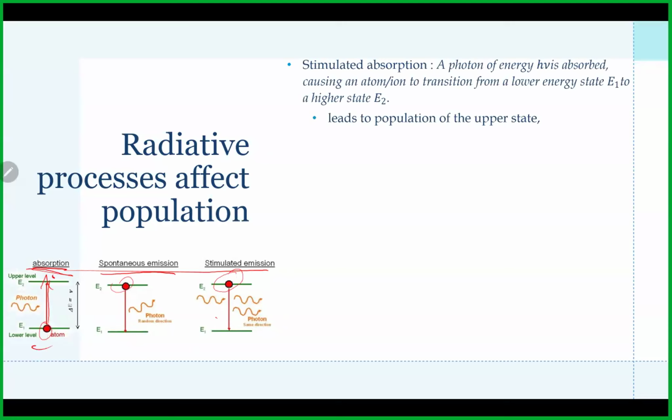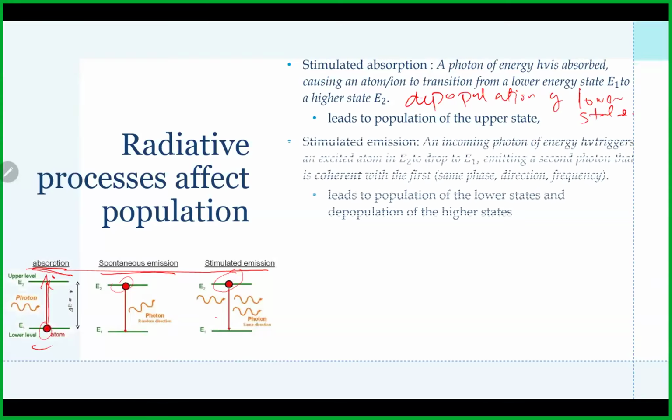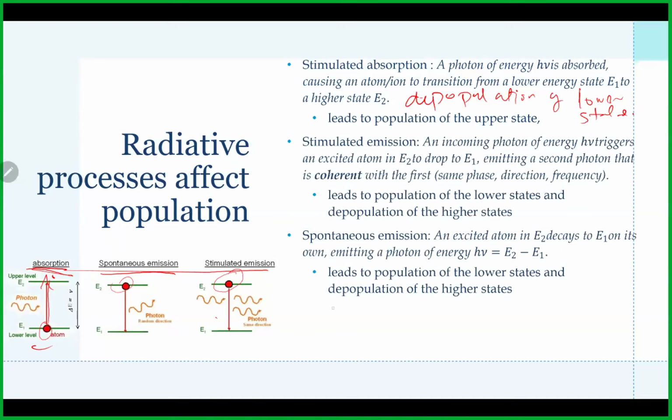So absorption leads to population of the upper states and depopulation of lower states. Spontaneous emission and stimulated emission, they both lead to depopulation of higher states and population of the lower states.